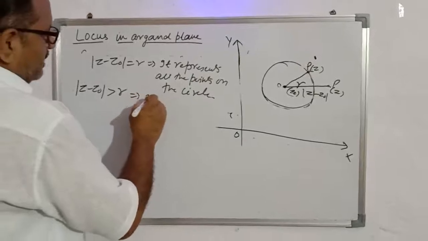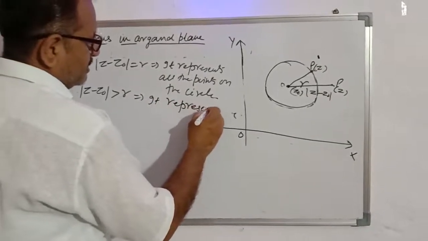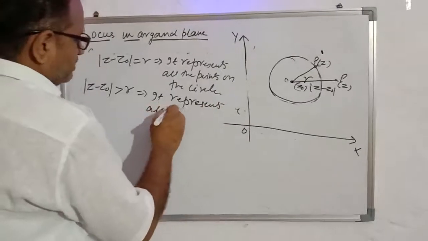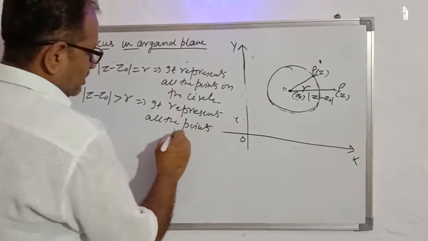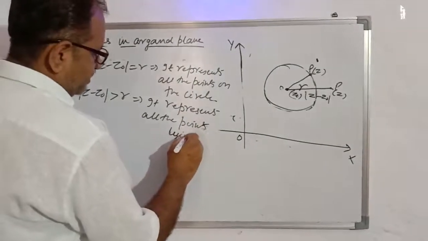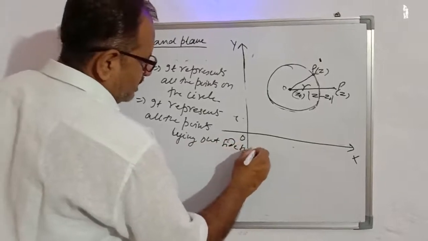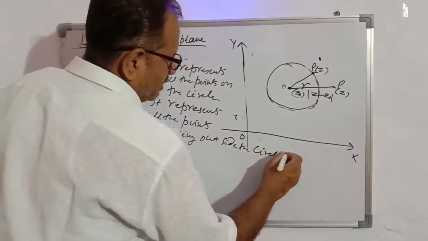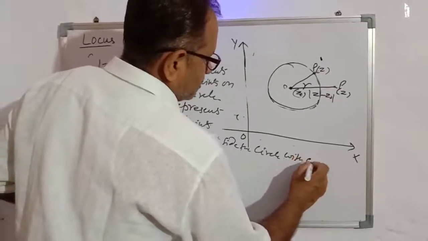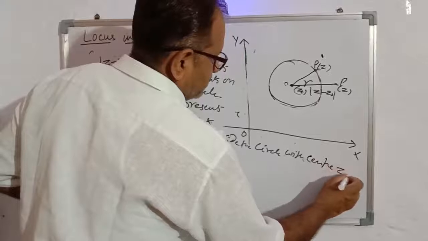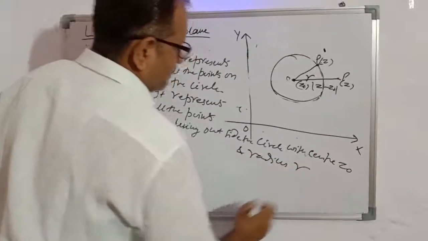So it represents all the points lying outside the circle with center z0 and radius r.